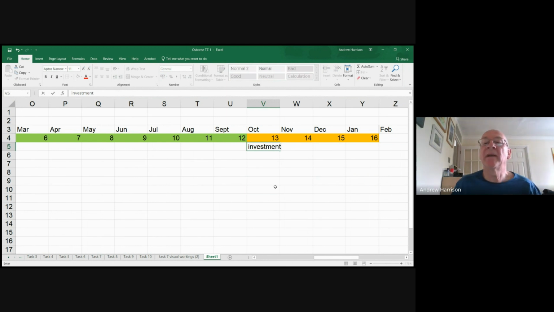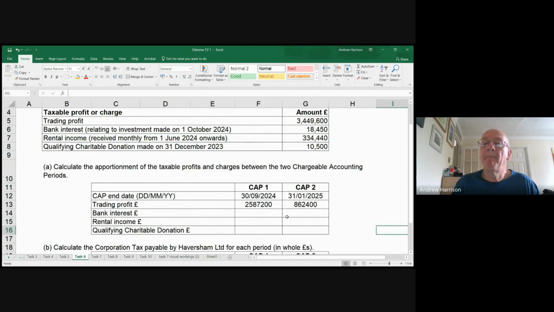So all of that bank interest is going to be October onwards. It's going to be in the second cap. And then we've got rental income from June onwards, received monthly from June onwards.